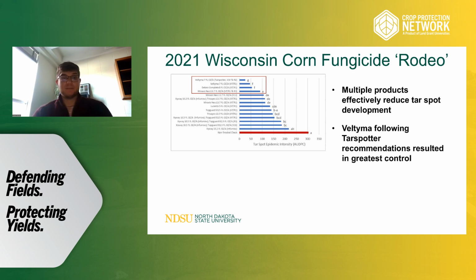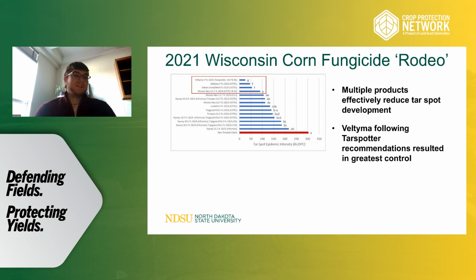We can see that this here is showing across the entire season. This red bar on the bottom indicates the non-treated, showing the greatest development of disease over the entire season. And then there are 3 products that seem to be highly effective at controlling and reducing tar spot development: Aproach Prima, Delaro Complete, and Veltima.